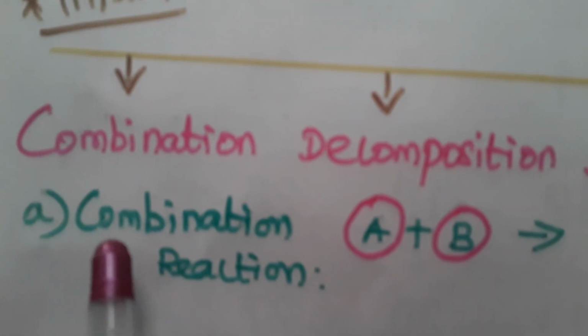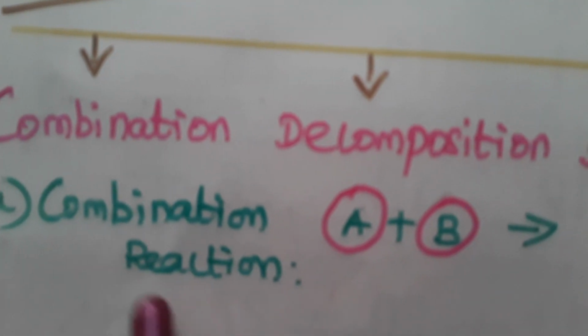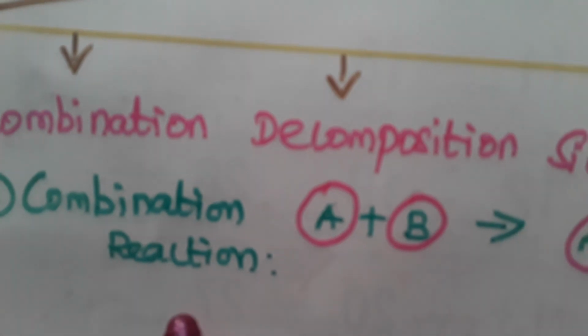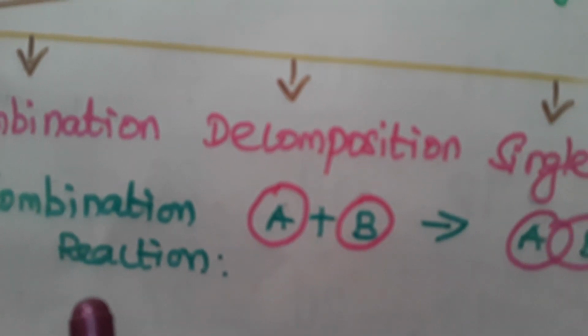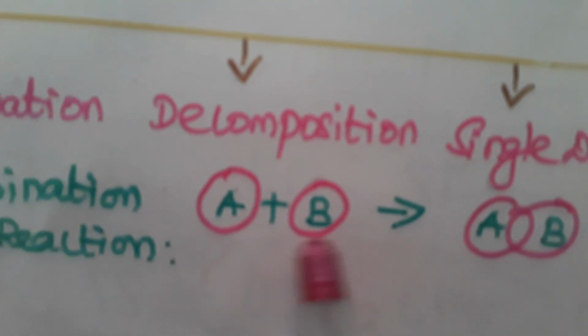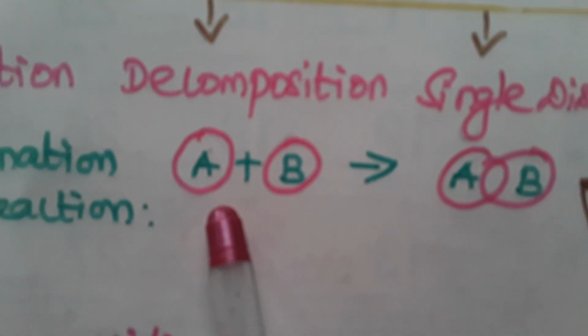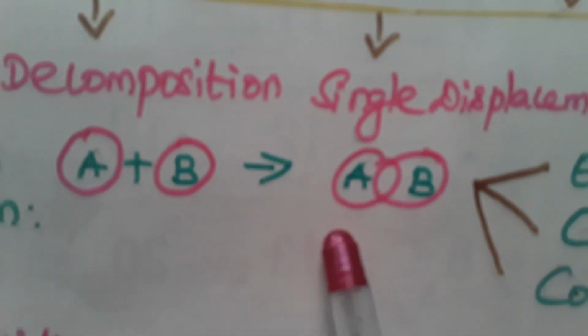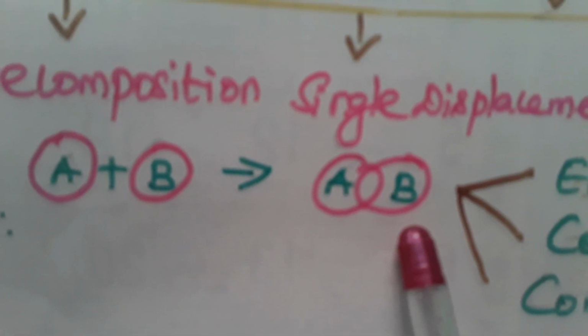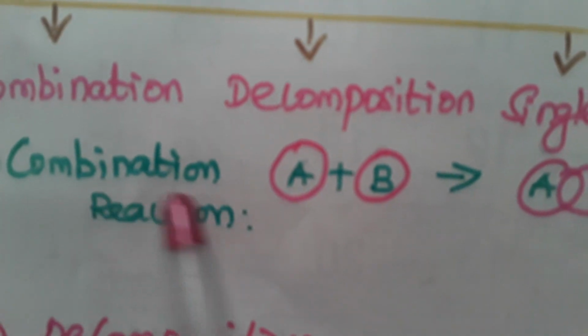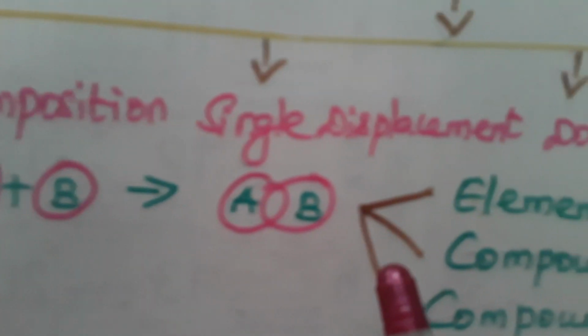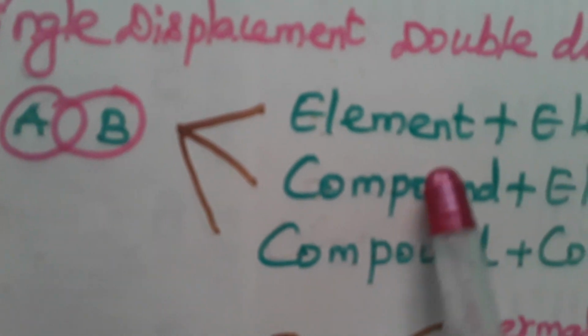First one, combination reaction. What is combination reaction? It is a reaction in which two or more reactants combine together to form a single product. This combination reaction has three classes.